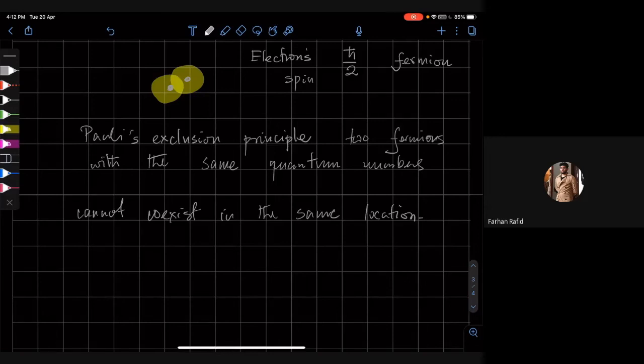Okay, so because of Pauli's exclusion principle, there is some kind of very natural repulsion between atoms when they're too close to each other.